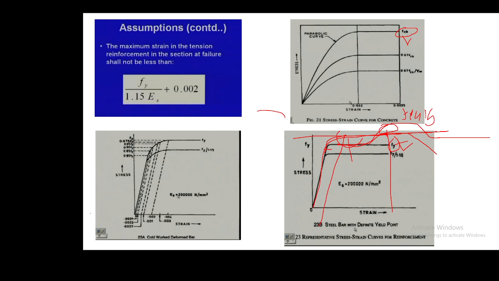Okay, so it is no use: if you design your structure using Fy, it will eventually fail at Fu. If you design your structure by Fu, it will eventually fail at Fy only, because the concrete can't take that much strain, right? So that's why we design it for Fy. This RCC is a composite structure, right?